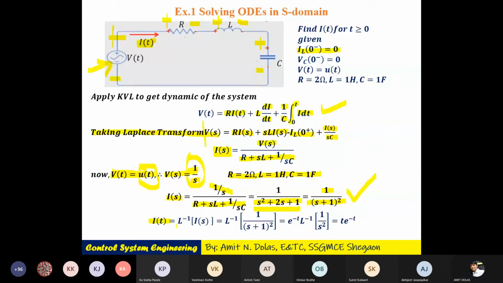Then I(t) will be the inverse Laplace transform of I(S). The inverse of 1 by (S plus 1) whole square will be e raised to power minus t times inverse of 1 by S square, that will be t into e raised to power minus t. So you can see it is an exponential signal. If a step input is applied, it is exponential at the output. That is, the current is exponential.